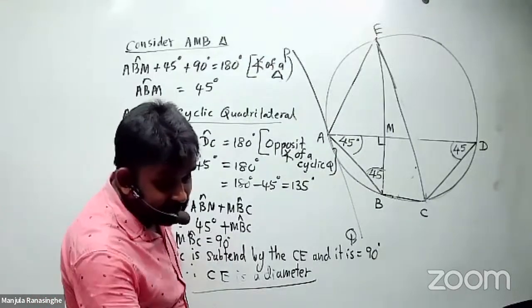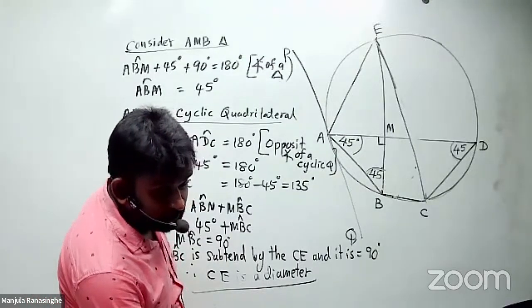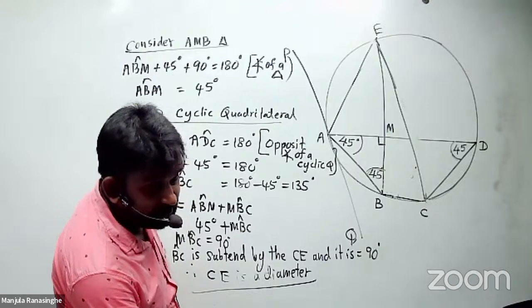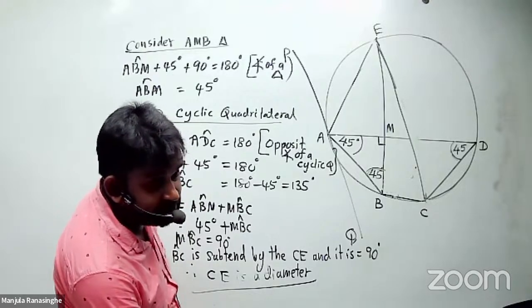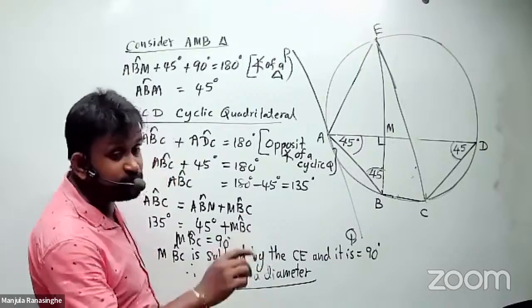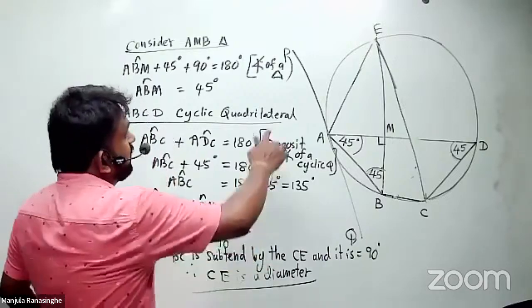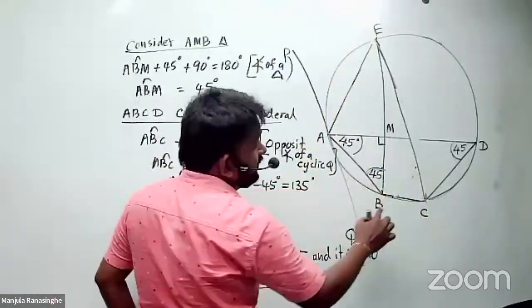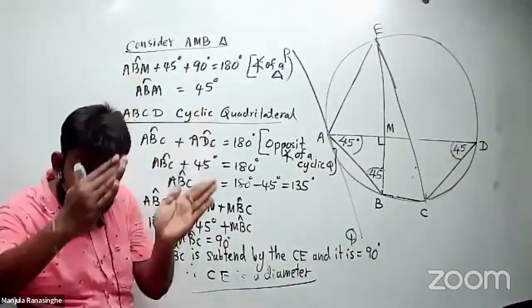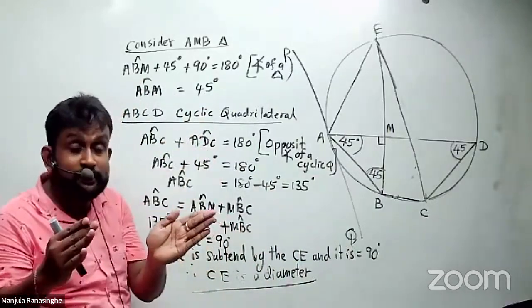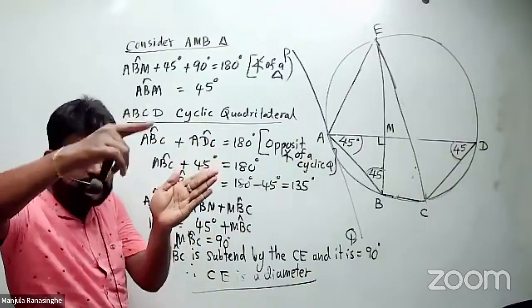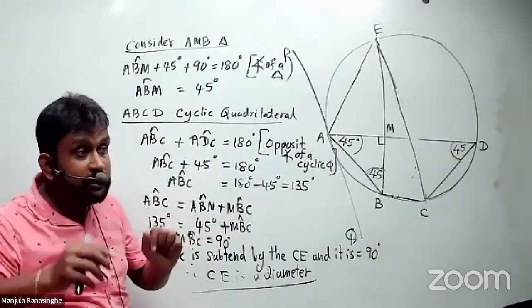So the next part, what they are asking: prove that CE is a diameter and it is parallel to PAQ. Yesterday also we proved a parallel case, right? PAQ parallel to CE. So as I mentioned, parallel means within the parallel lines, take alternate angles and make them equal.